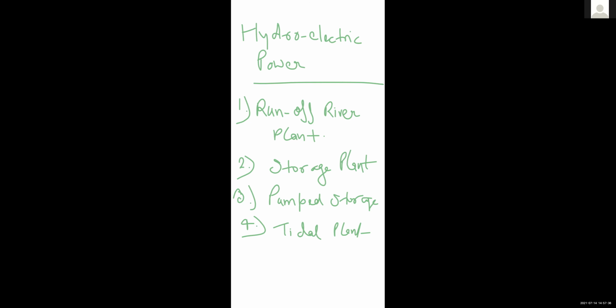When the powerhouse is located near the dam, generally in a low head installation, it is known as concentrated fall hydroelectric development. But when the water is carried to the powerhouse at a considerable distance from the dam through a canal, it is known as divided fall development. That is for the storage plant.